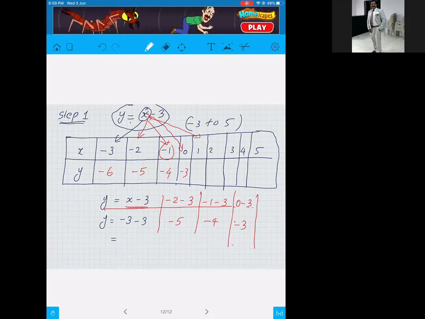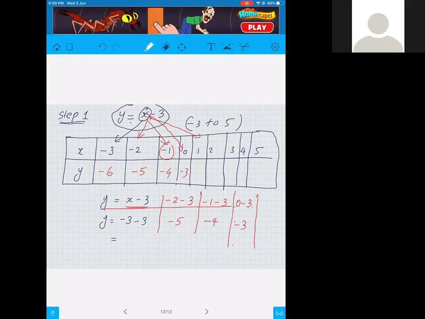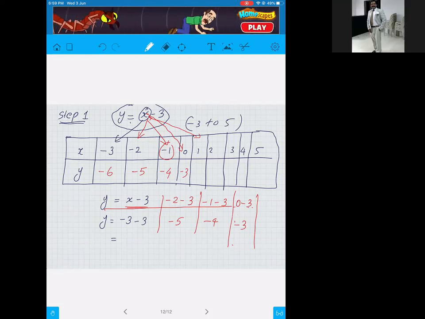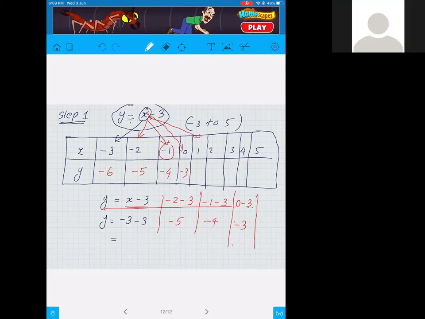Haneen, tell me the next value. Next value for 2 or 1? 1. When x is equal to 1, what is the value? 1 minus 3. -2. Yeah, very good. -2.